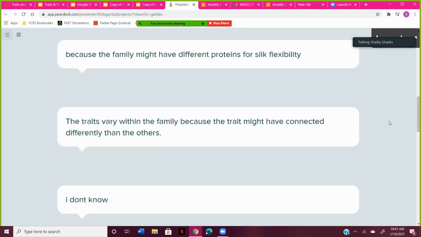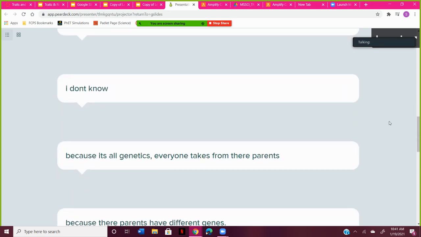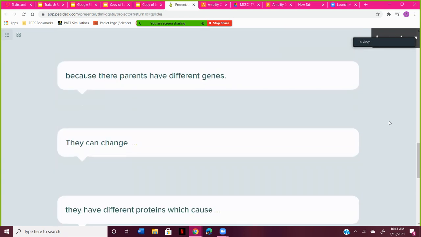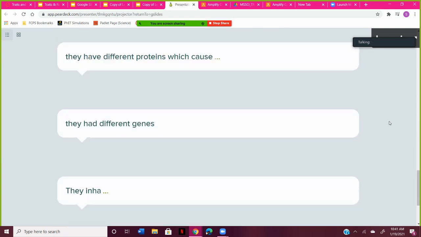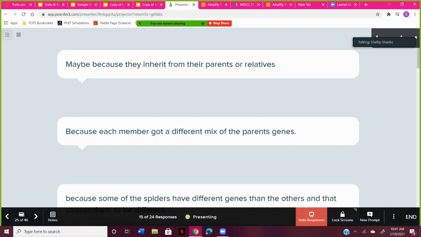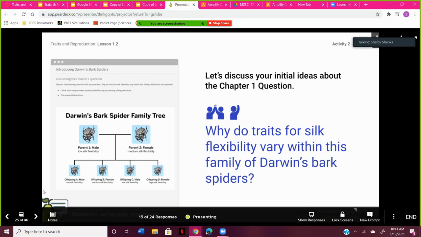They have different proteins for silk flexibility. It's all genetics. All right, so we know it has something to do with genes and carrying them down from your parents.